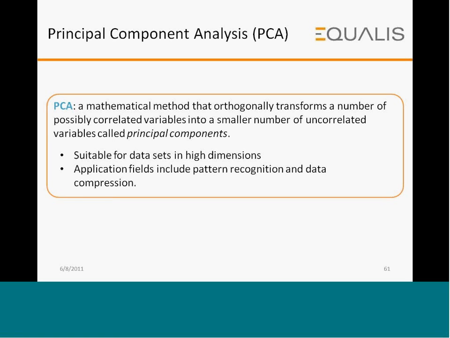Another example that I want to show you next is principal component analysis. It's a mathematical method. So suppose I have a set of variables which are correlated, and I want to transform them into a smaller number of uncorrelated variables, and these uncorrelated variables are referred to as principal components. It's suitable for datasets in high dimension, and it's used frequently in pattern recognition and for compressing data.